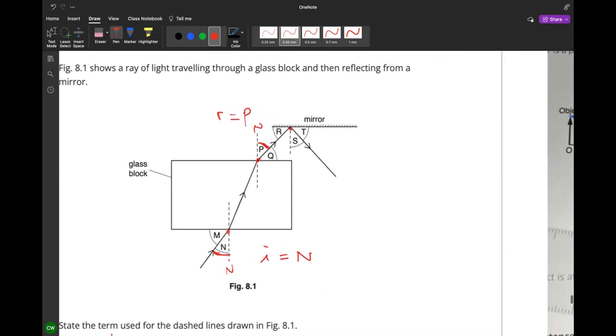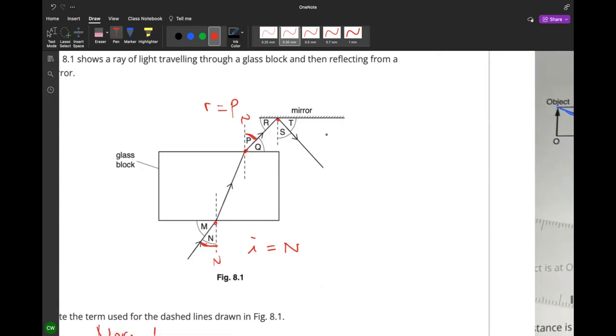On this one, only this one, right? Which one is reflection for this one? T or S? T or S? Why is it T? Normal line, where is the normal line? Is this the normal line? The ray with the normal line, T or S?